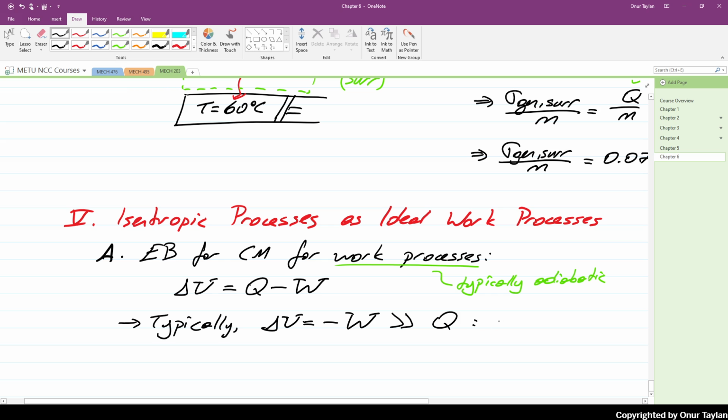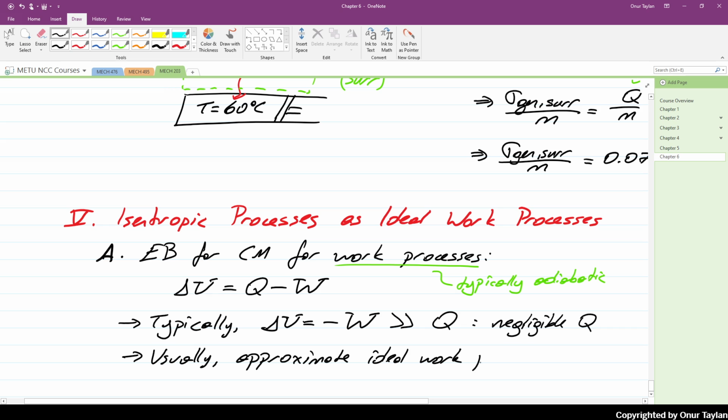So that's why we neglect the heat transfer. It means it is adiabatic. So that's what I meant. Usually we approximate ideal work processes as adiabatic.